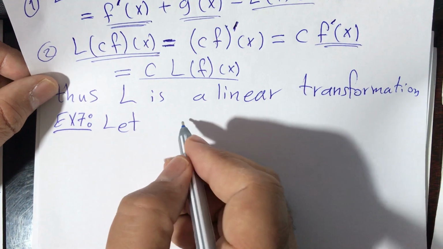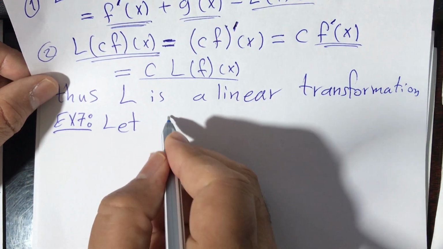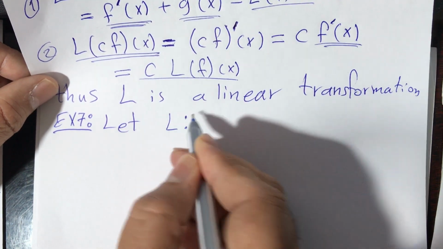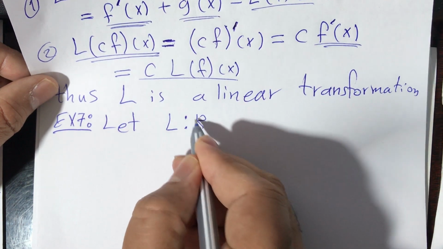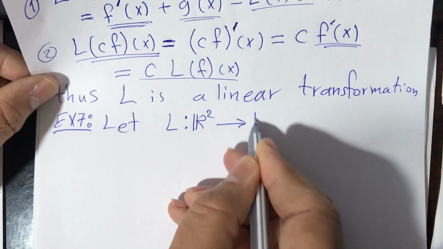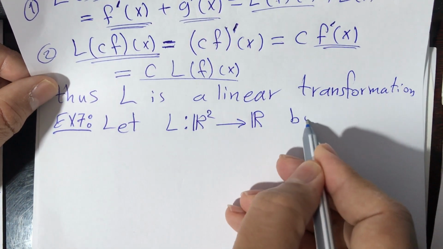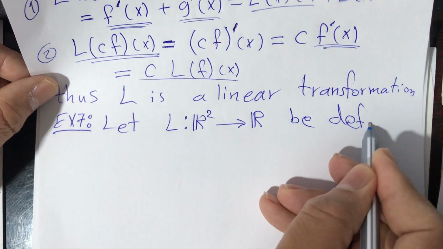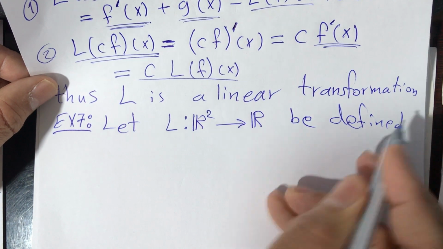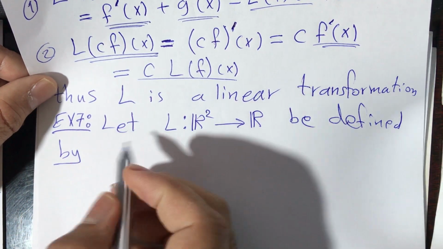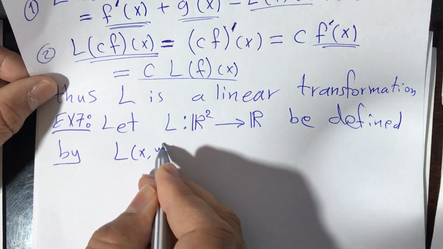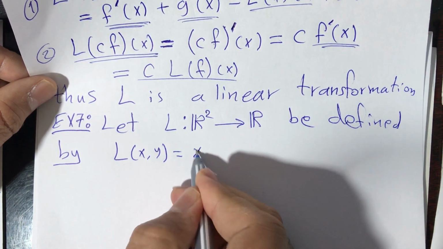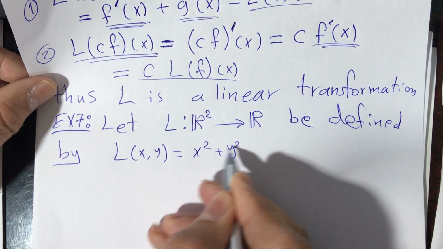Let L from R2 into R be defined by L of x, y equal to x squared plus y squared.